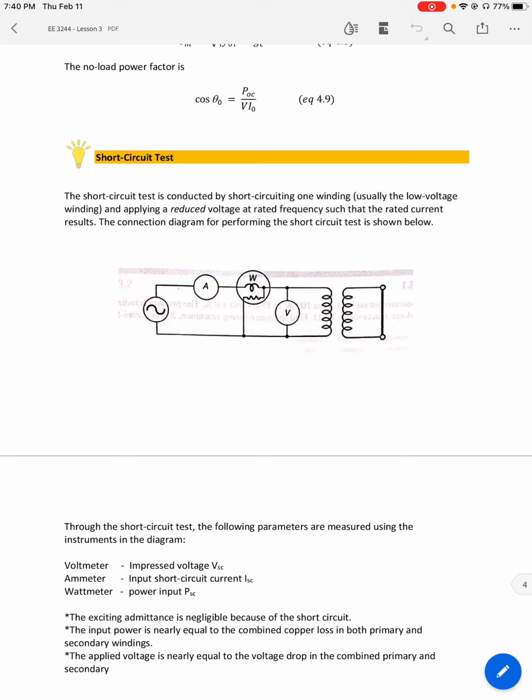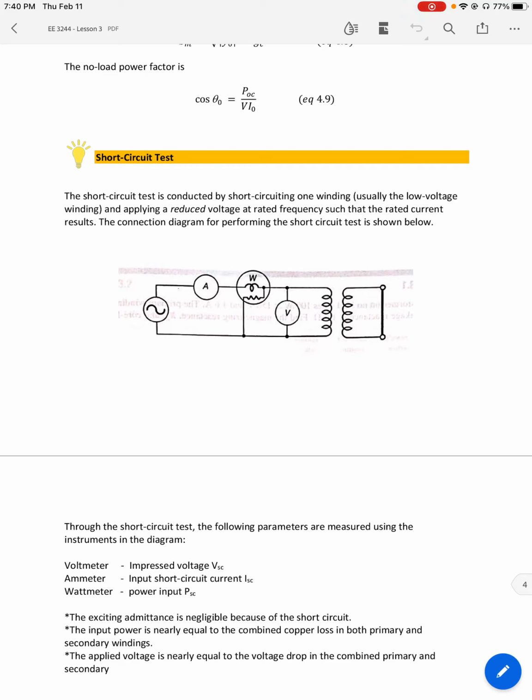So diri sila nagkalahi ni open circuit kay rated voltage man to kay open circuit pero kay short circuit we have a reduced voltage, otherwise maguba ang transformer kay short circuit man, at rated frequency such that the rated current results. At least na lang tay rated current na ma-result sa atong testing.